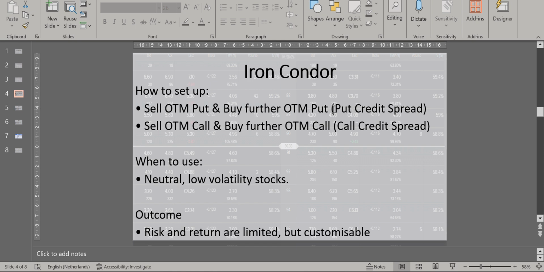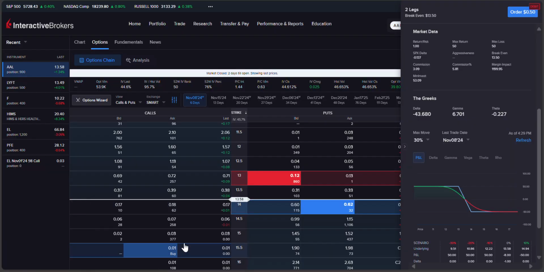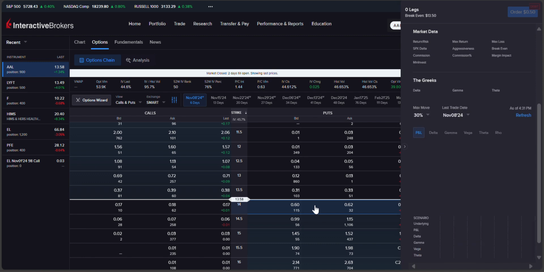So it's a combination of the put credit spread and the call credit spread. If you want to use a short iron Condor, it's a put debit spread and a call debit spread. It's the inverse. And I will show you here how the iron Condor works.